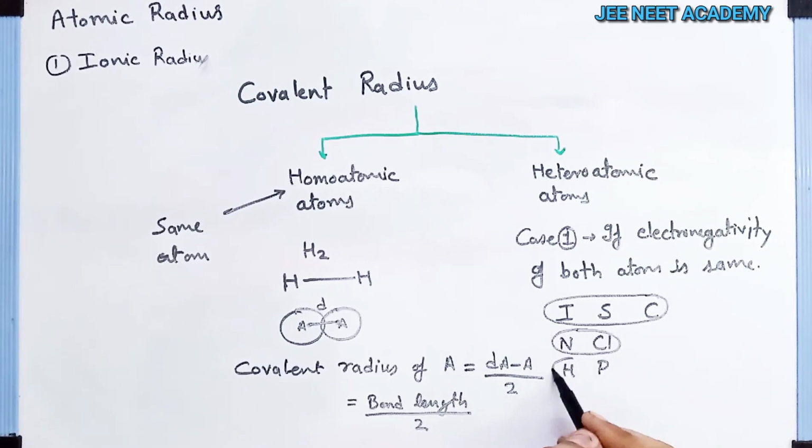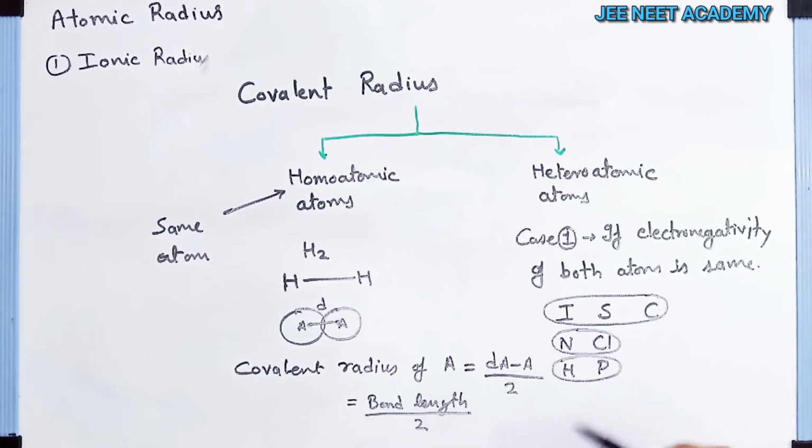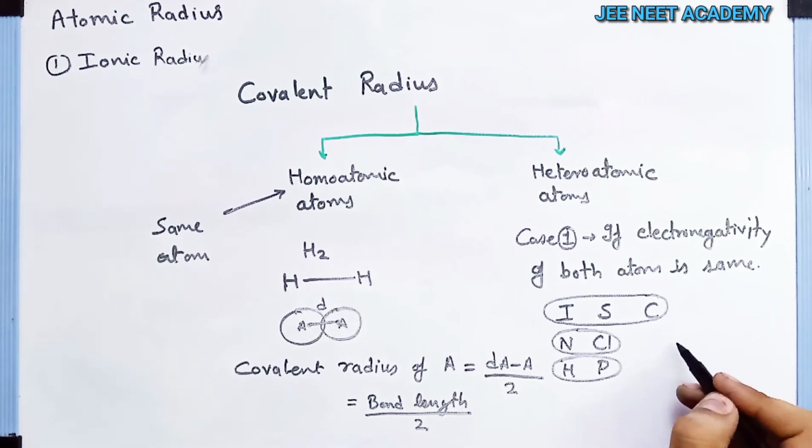The second, this you have to remember when you are solving problems like this. In this case, we will discuss the first case first. It is very easy to calculate the covalent radius.